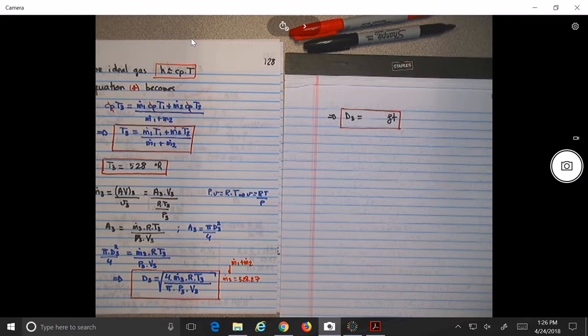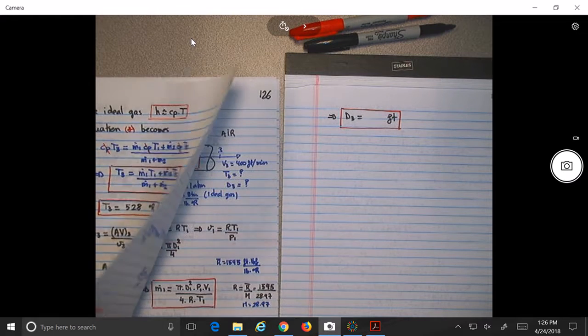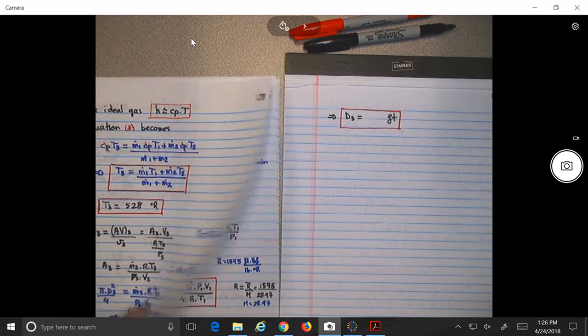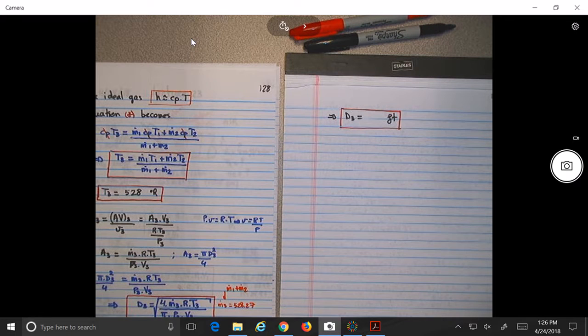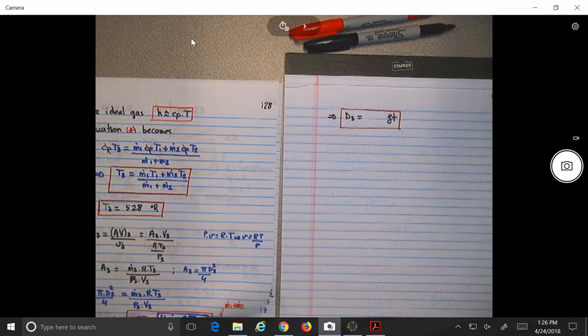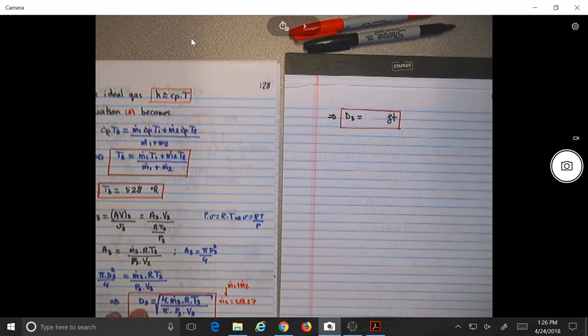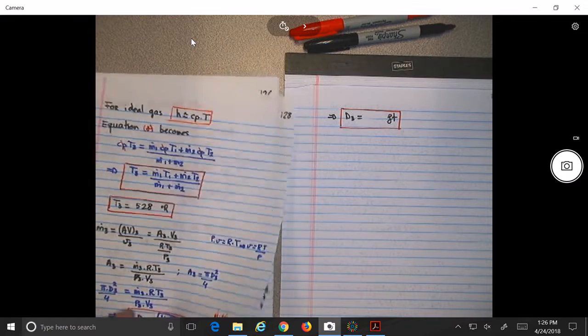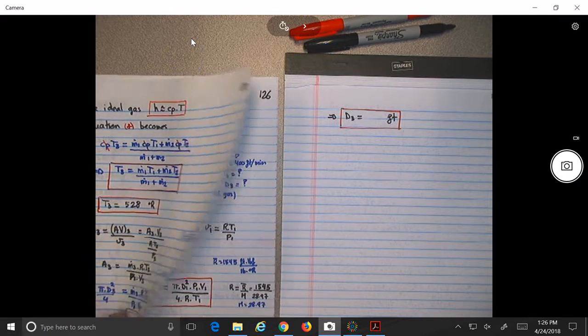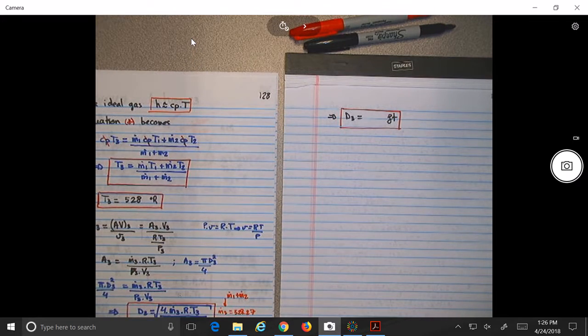So then R is the 1545 divided by 28.97 times the T3, we just calculated, 528, divided by pi divided by the 2116.8, and that also divided by the V3, which is 400, and you take the square root of all that stuff.